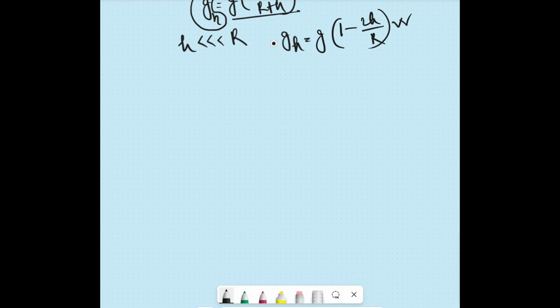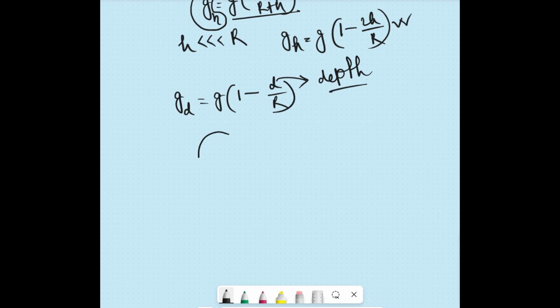Now, if you'd like to calculate the acceleration due to gravity at a depth inside the earth, the equation is g times 1 minus d over R, where d is the depth, right?